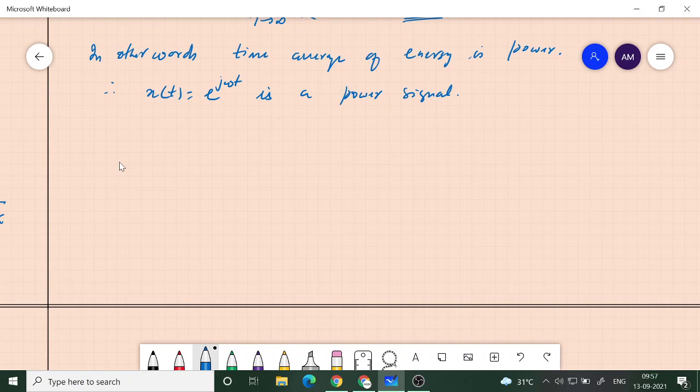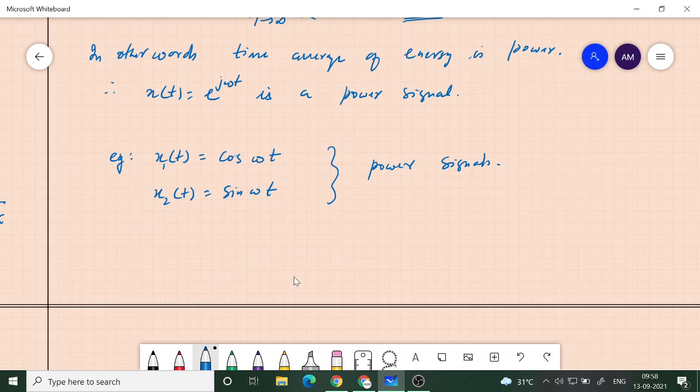Other examples of power signals: x1 of t equal to cos omega t, which is a real signal, then x2 of t equal to sine omega t, etc., or any combination of these. They are all power signals, and you can evaluate their power in a similar way.